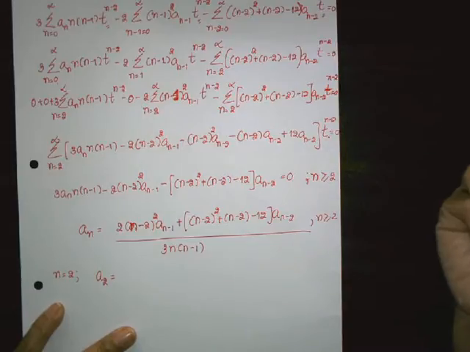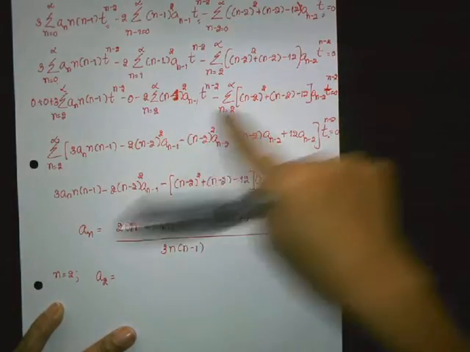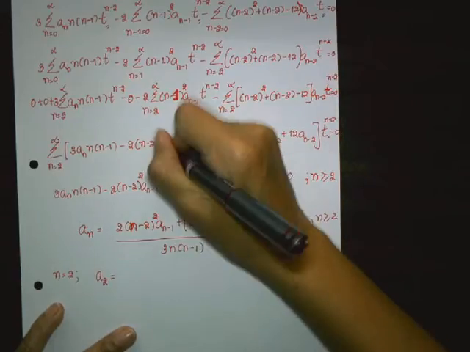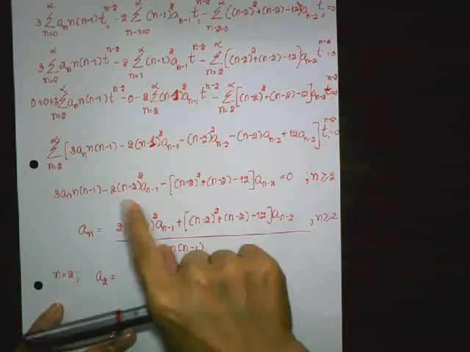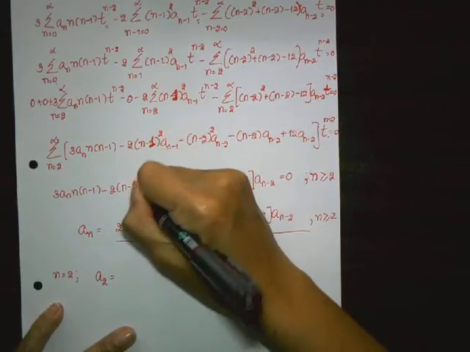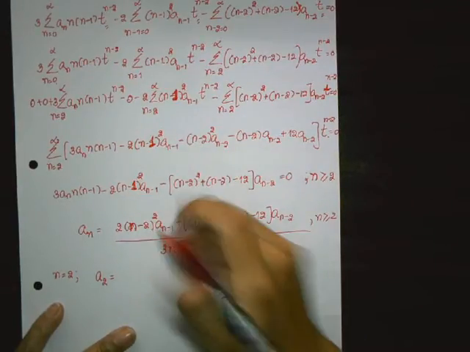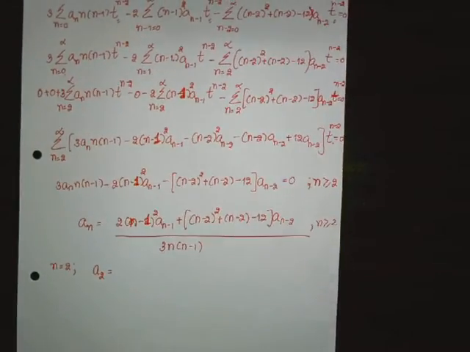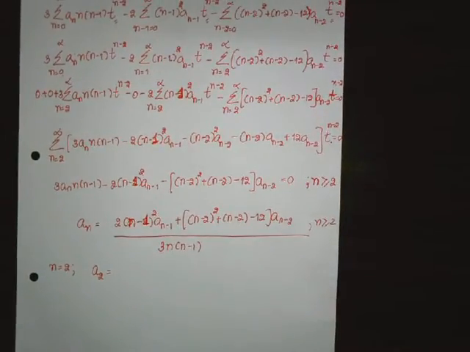Where is it now? That one? And then this one, right? And then this one. Okay. Anywhere else? Too many numbers. That's what I said.